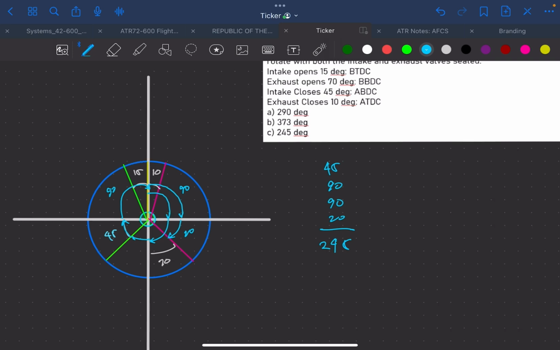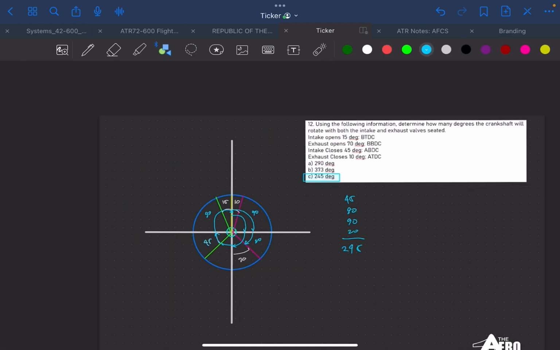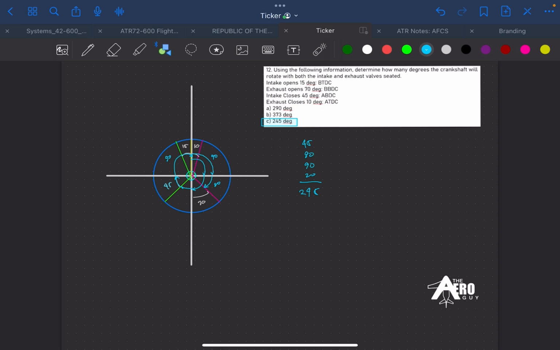So the correct answer is letter C, 245 degrees. Okay, so I hope that's clear for you.